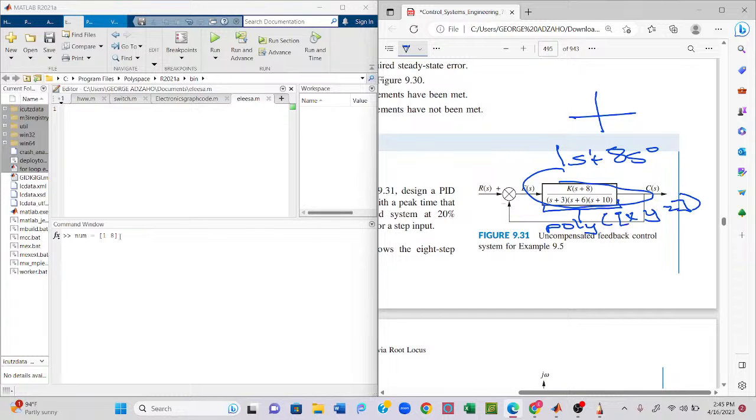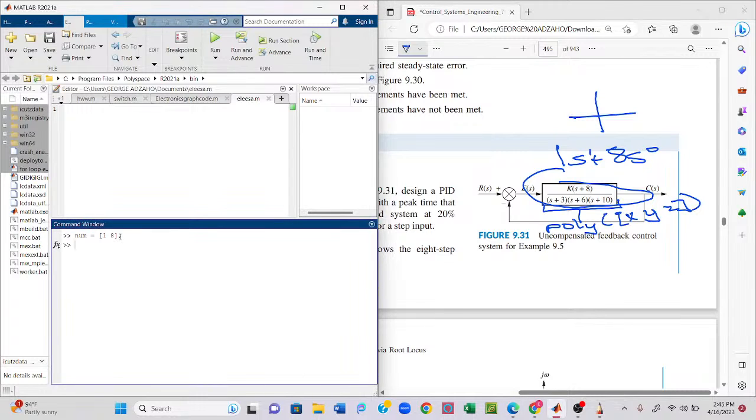Coming back to MATLAB, that's for the numerator. Now the denominator: I prefer to put the roots directly, which are negative 6 and negative 10.